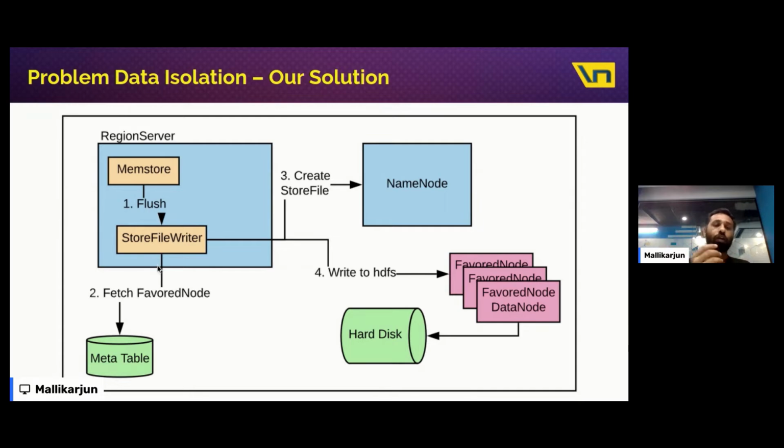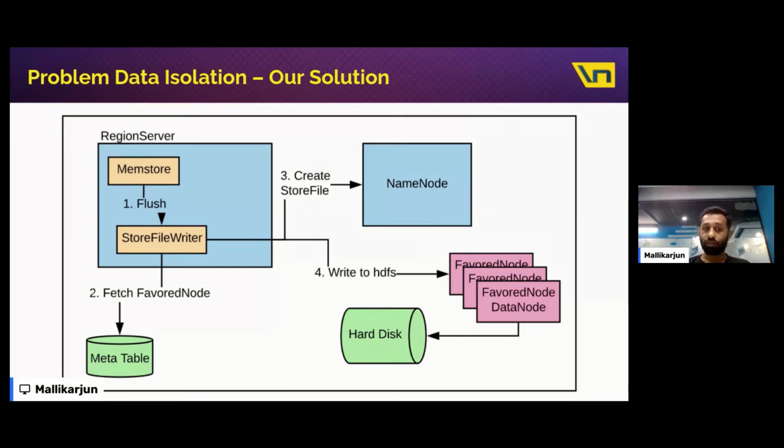If not, it will do what it was doing, just randomly spread over the HDFS layer. Then it will pass this favored node information to the HDFS layer, and the HDFS layer will do the rest. It will ensure that the file that is getting created is hosted on these particular favored nodes only. That's a best effort strategy, and we'll talk about why and so on.